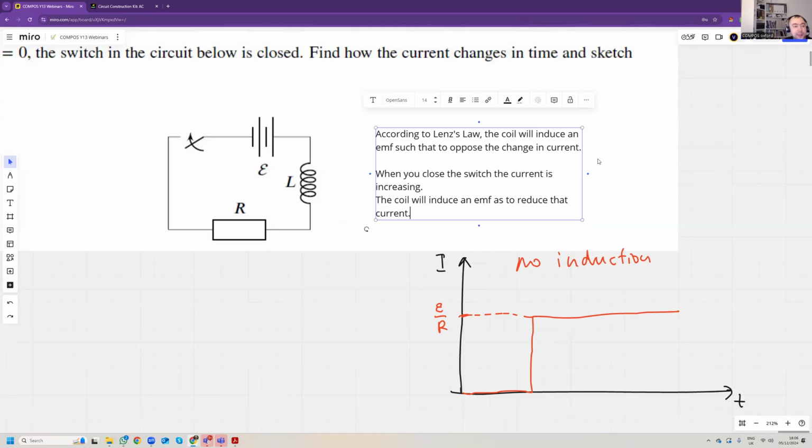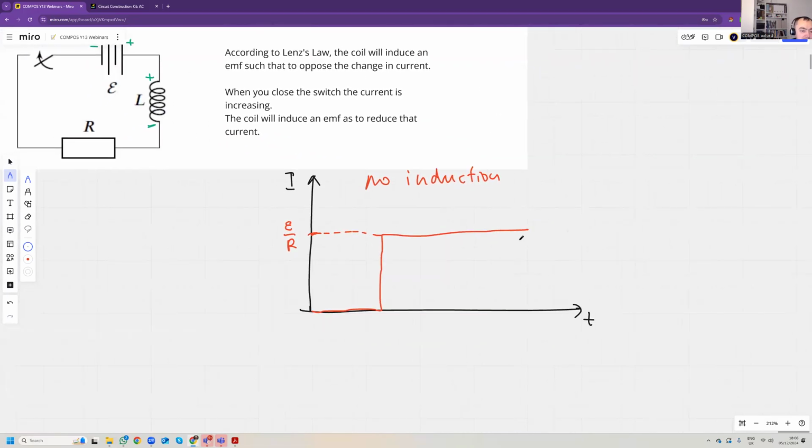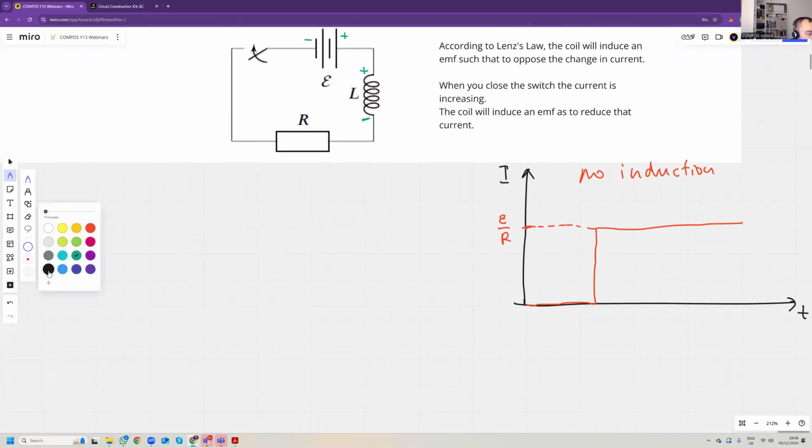So effectively what's going on: the battery is plus minus, and the induction coil will produce a voltage in the opposite direction so that the current doesn't increase instantly. With the induction coil, the current will increase gradually.